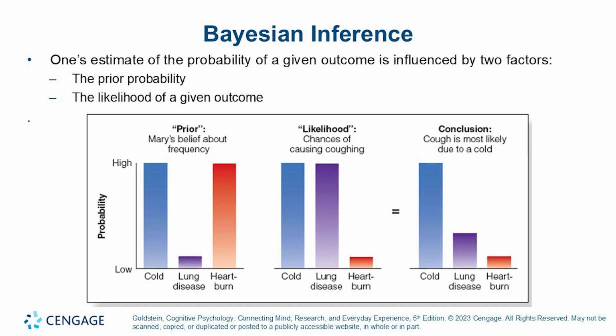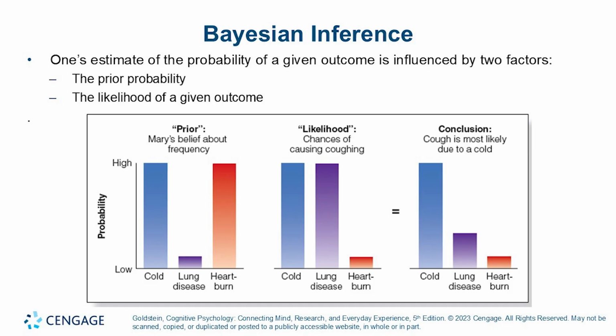For example, you may understand that a cough could be caused by a cold or lung cancer, but probably isn't caused by something like heartburn. And you also have prior knowledge about the frequency with which these things might occur in a random person, right? So colds are pretty common, heartburn is pretty common, but lung disease is pretty rare.